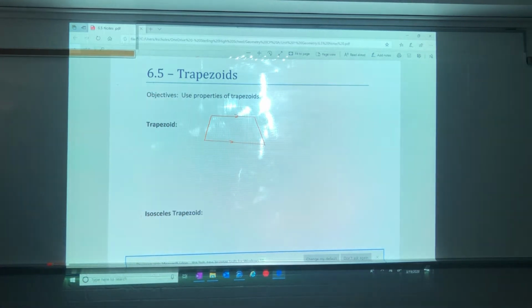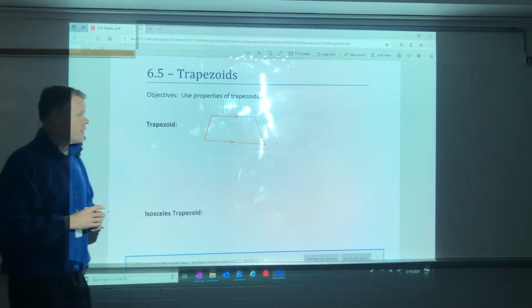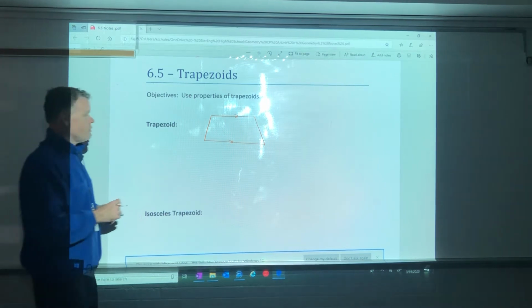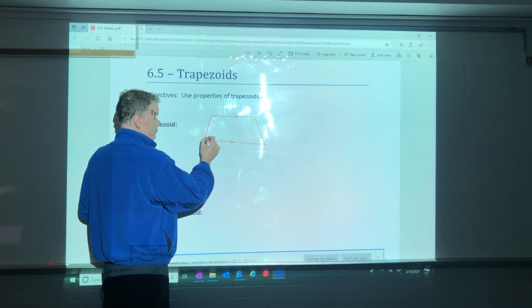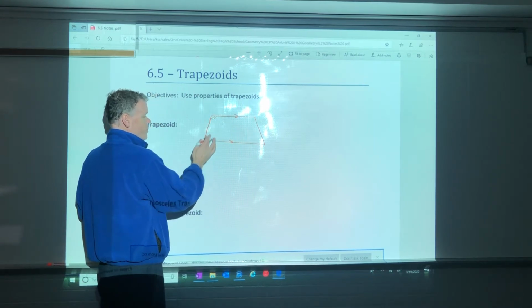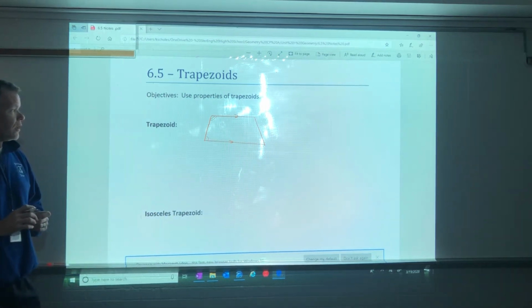A couple of characteristics of a regular trapezoid: two consecutive angles here are not congruent, but they're going to be supplementary. So they're going to add up to 180 degrees, those two angles.